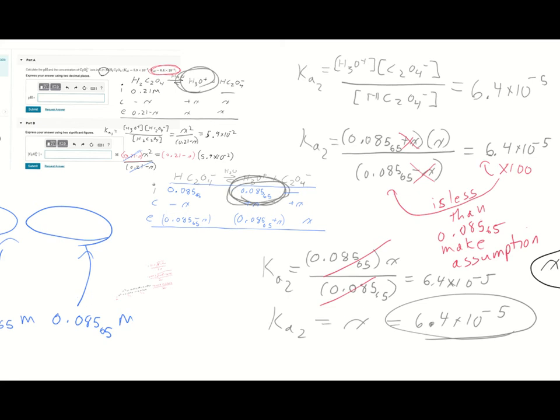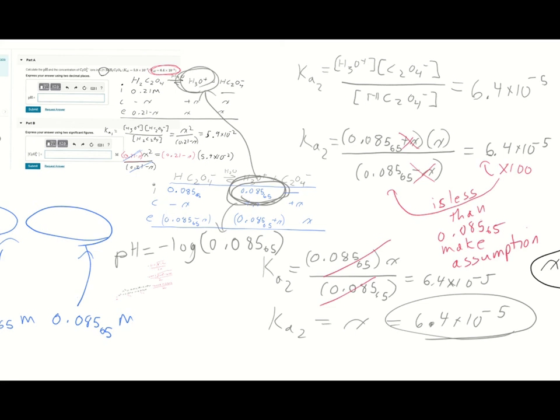So our pH is simply going to be the negative log of 0.08565. And that was the hydrogen ion concentration we saw way back with that first ice chart.